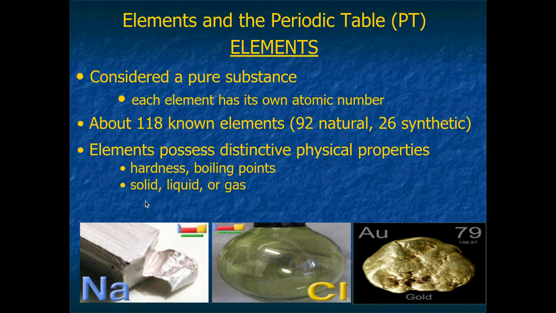And so we have Na, which is sodium. Sodium is a natural common element. And as I go through these elemental symbols, you need to make sure you commit these symbols to memory. So Na is sodium, Cl is chlorine, and Au is gold.